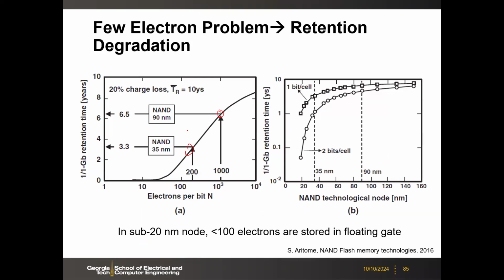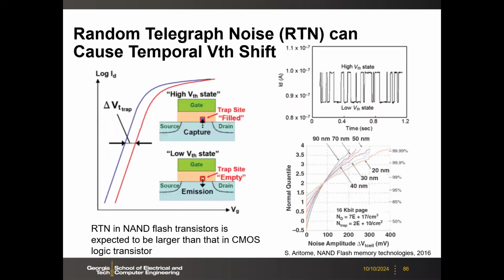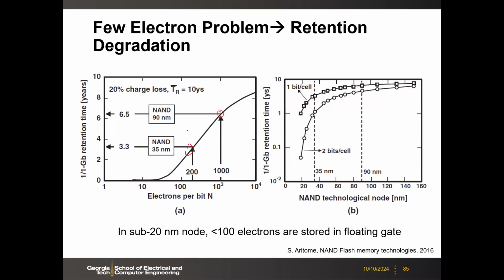So the fluctuation of those number of electrons will lead to the fluctuation of the threshold voltage, right? The delta VTH directly depends on the charge in the floating gate divided by your CK, which is the interpoly dielectric capacitance. So any shift, right, will change your threshold voltage.